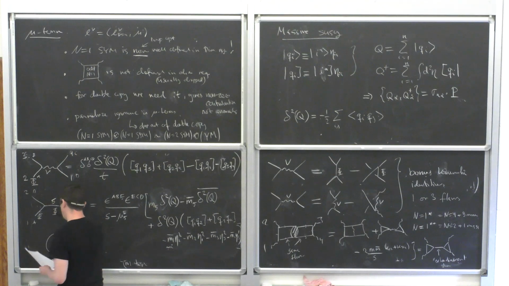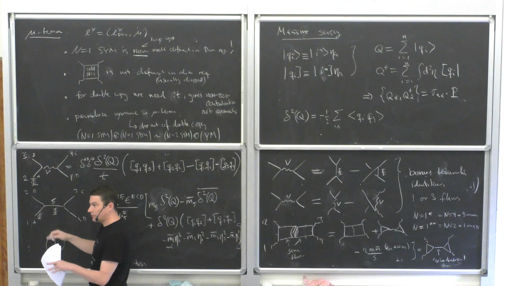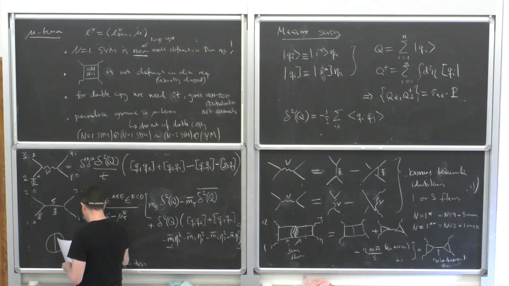Typically, every diagram that has this topology, so imagine I just shrink the external leg to 0, will get a new contribution, which is mu1,1 plus mu1,2 plus mu2,2.